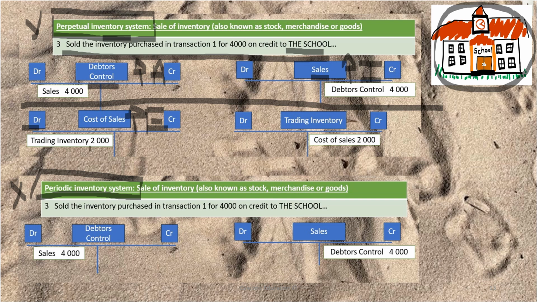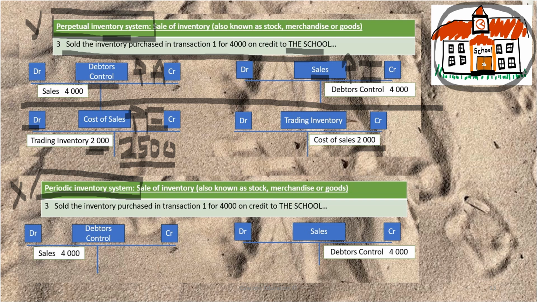You might just pick up here, there's an error, there's a typo. That amount should be 2,500, which consists of the 2,000 that we paid for the stock plus the 500 delivery. That makes the cost of the stock 2,500. Because in the perpetual inventory system, any extra costs with regard to stock are added to the cost price of the stock.